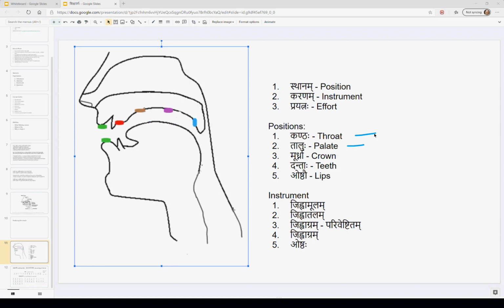So kantha, the throat position, which is this cavity here. Position means where the air is being constricted, and karana means with what it is being constricted. For E it is clear, because we can experience it here, outside.